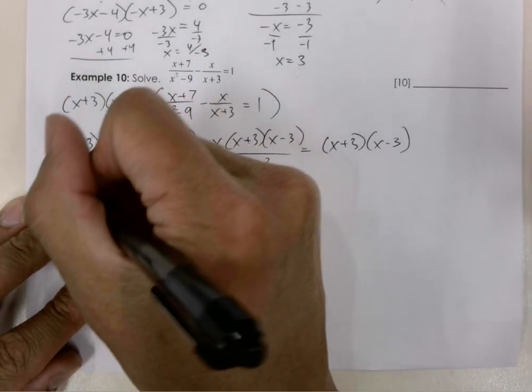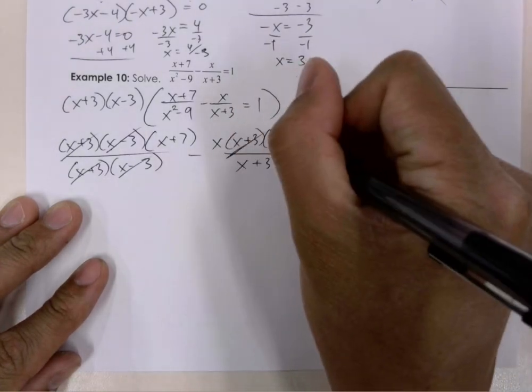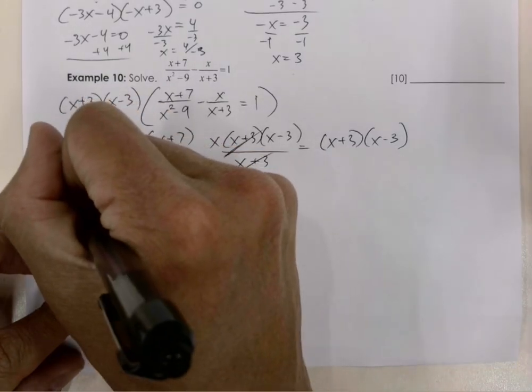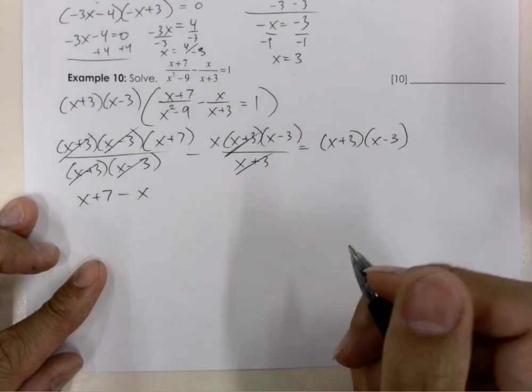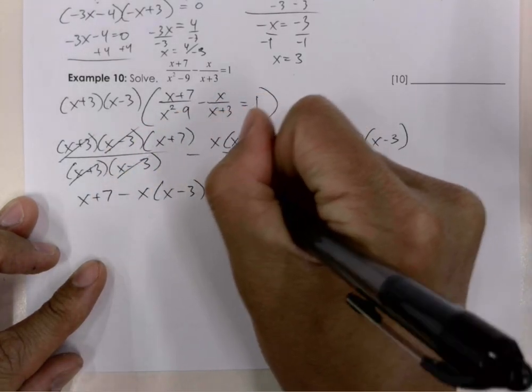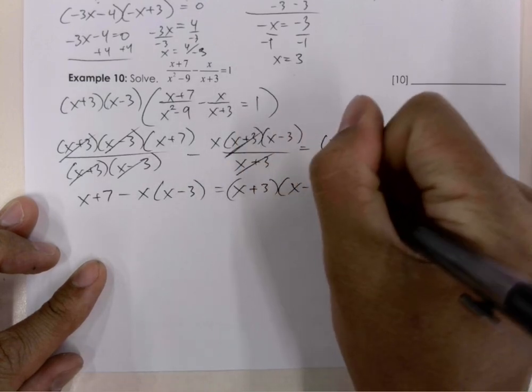We got an x plus 3, an x plus 3, x minus 3, x minus 3. Over here we have an x plus 3, so we'll cancel those out. And I think we're done. So let's go ahead and rewrite it as x plus 7 minus x times x minus 3 is equal to x plus 3 times x minus 3.